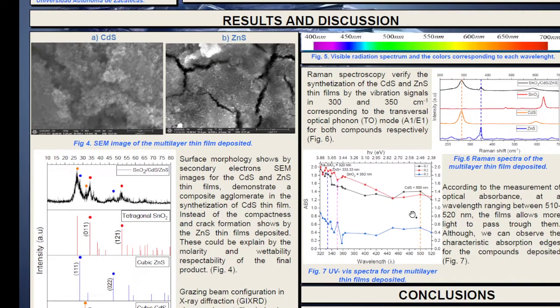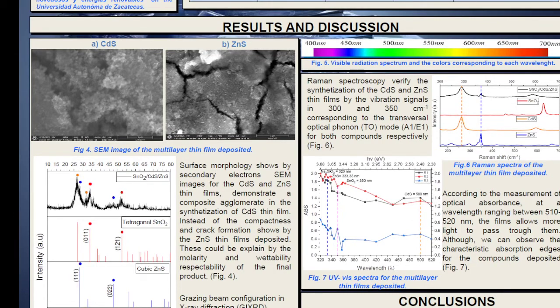For the Raman spectroscopy, we can verify the synthesis of the cadmium sulfide and the zinc sulfide, observing vibration signals at 300 and 350 Raman shift, corresponding to the transversal optical phonon mode for both compounds respectively. So the XRD is verified with the Raman.